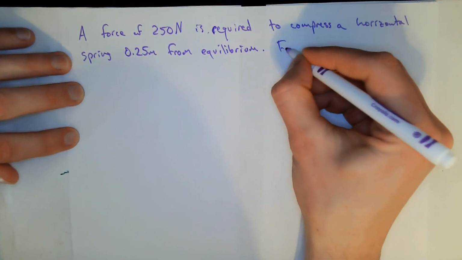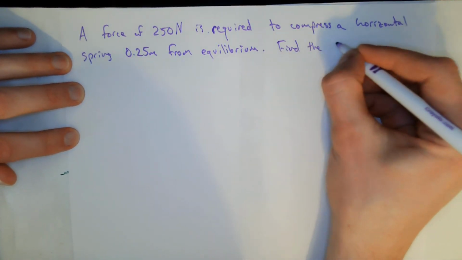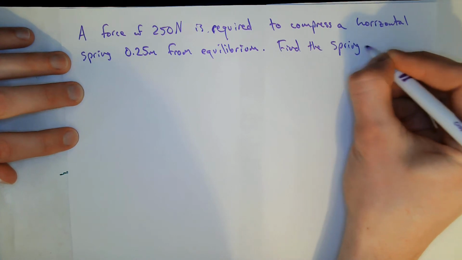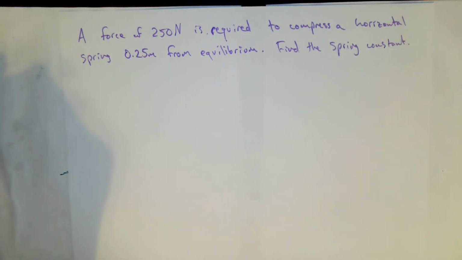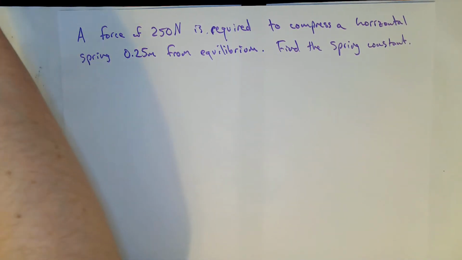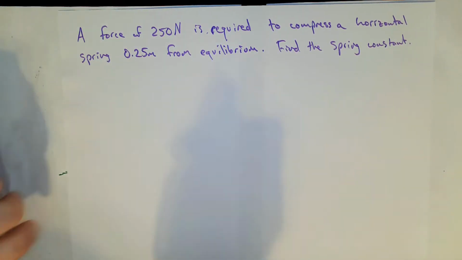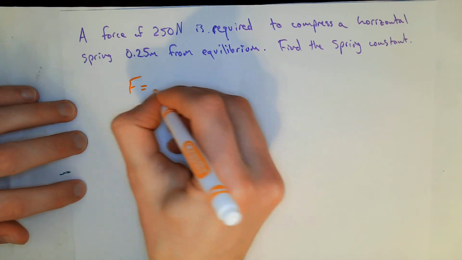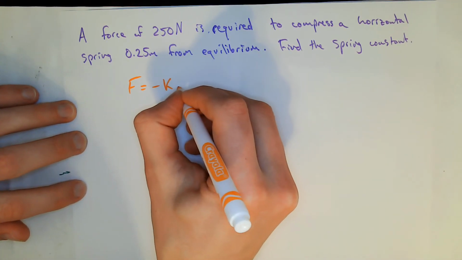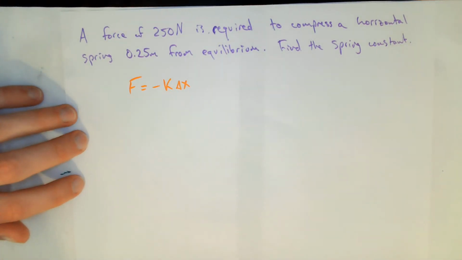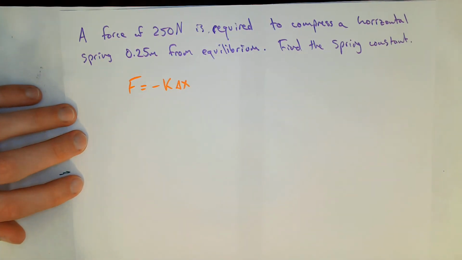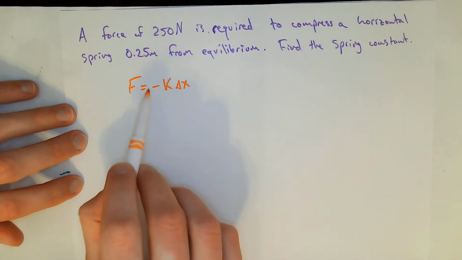Find the spring constant. Well, we know that force is equal to negative k delta x, where delta x is the displacement of the spring. k is the spring constant we're looking for.